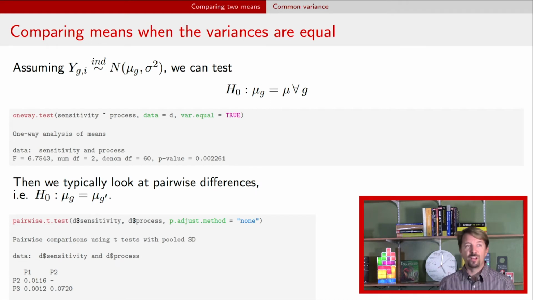And so if we go forward and we say, all right, let's assume that these means aren't the same and we want to compare individual comparisons of those different means, we can do that through the pairwise.t.test that we saw before. The only difference here is there was an argument called pool.sd in the previous video, and that defaults to being true. That is, it defaults to assuming that the variance in all the groups are the same. And so by not changing that, like we did last time, we are assuming that the variances are all the same.